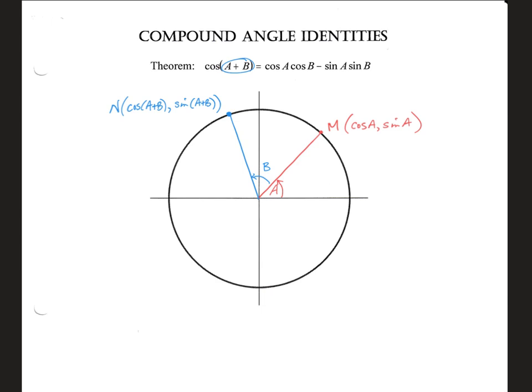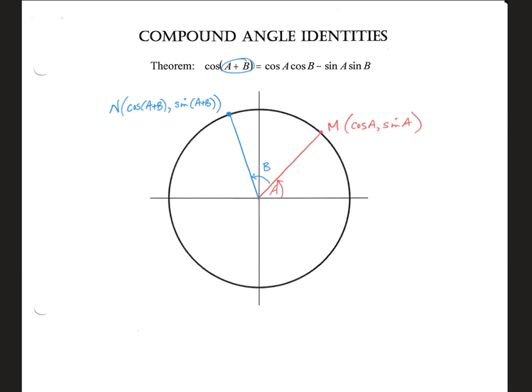Remember, I need this to be as generic as possible. Maybe angle A was so big and angle B was so big that if I actually added the two of them together, that should have put you in quadrant 4. Well, then your x-coordinate should be positive, not negative.